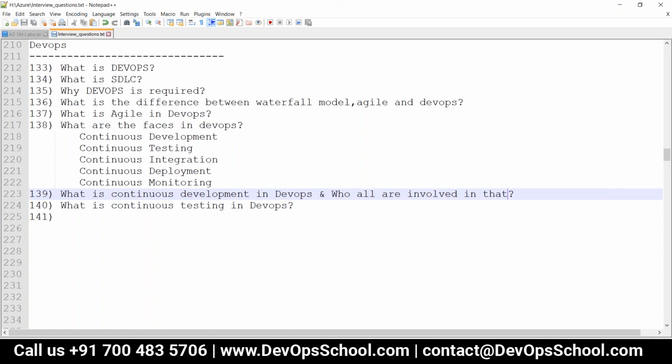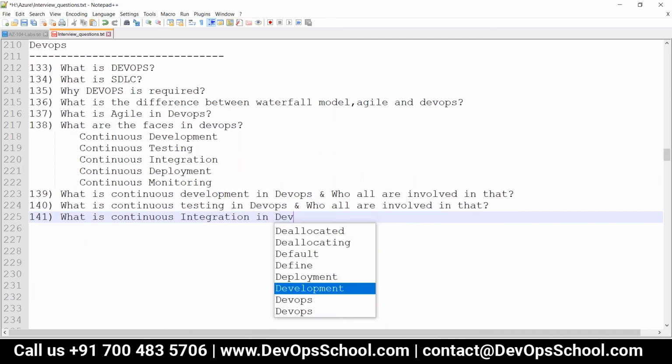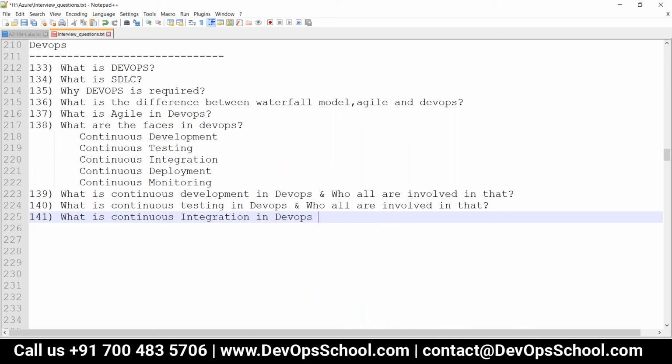Same question, paste in the second also. This makes sense, right? Because you will remember, they may ask, what is continuous integration? And paste it.